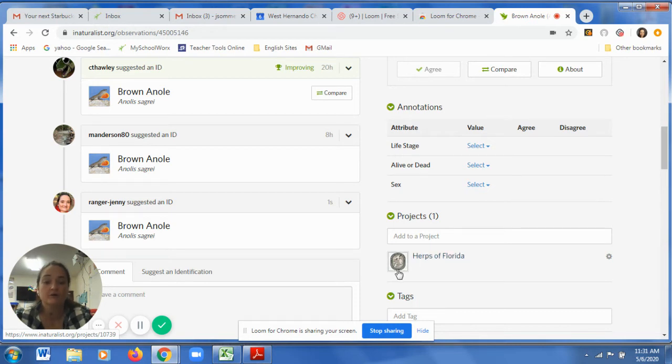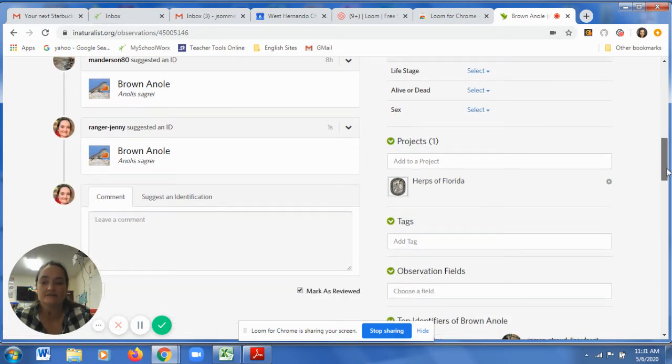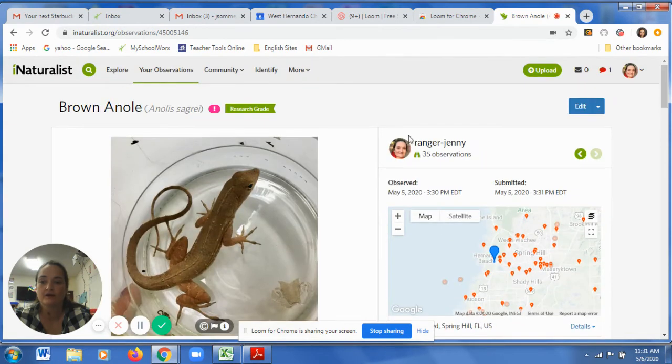So there are people probably in the colleges, college professors, who use this data to help them in their study of different types of lizards and reptiles here in Florida. So my picture of this brown anole helped someone somewhere learn more about it. I enjoyed this, and I thought you might like it as well. And so I am research grade on that one.